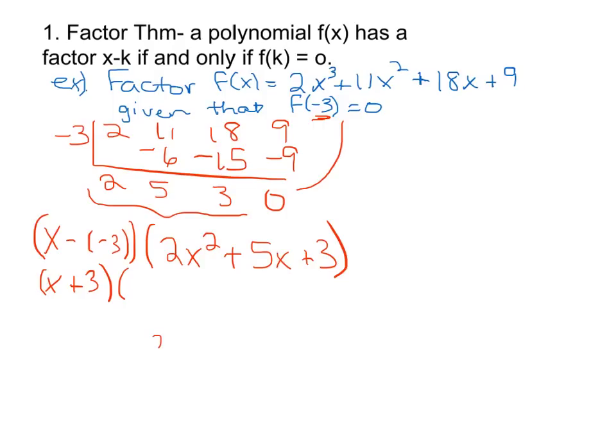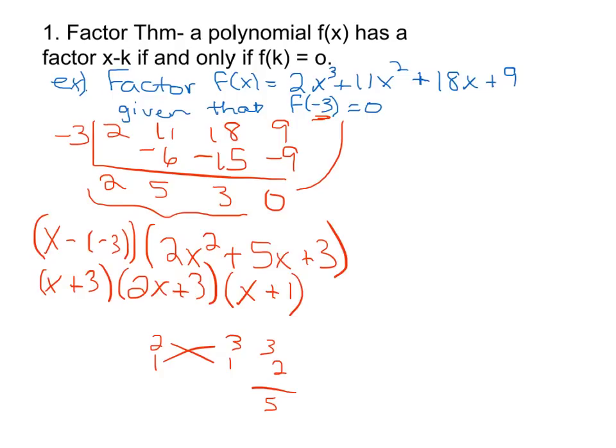If I use 2 and 1 and 3 and 1, and I cross multiply here, I get 2, I get 3. Those can add to give me 5. So I can factor this trinomial even further. I would have 2x plus 3 and an x plus 1. So we're using our synthetic substitution, our synthetic division, as a means of factoring this problem and getting our solution to factoring.